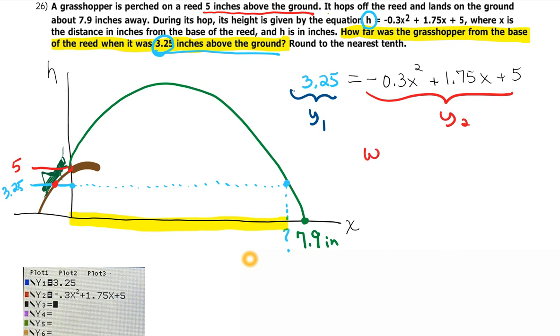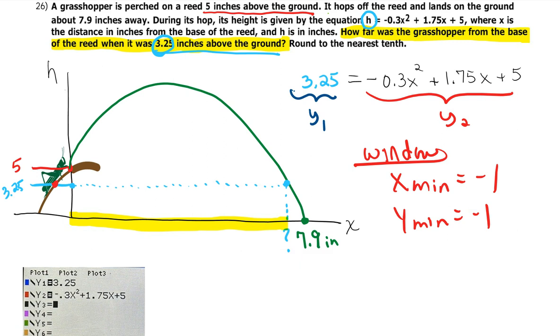So I adjusted my window. I went to the window and adjusted my x min. I believe I went to -1, and I did the same thing with my y min, -1, so that I got just a little bit to the left and below the origin right there.